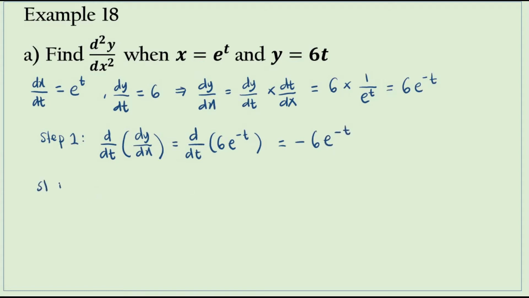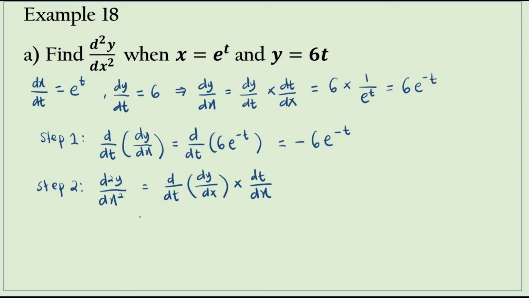Step number 2, we substitute this into our chain rule. The chain rule for the second derivative is d/dt of our first derivative, dy/dx, times dt/dx.